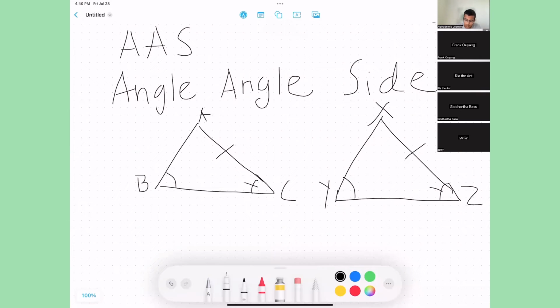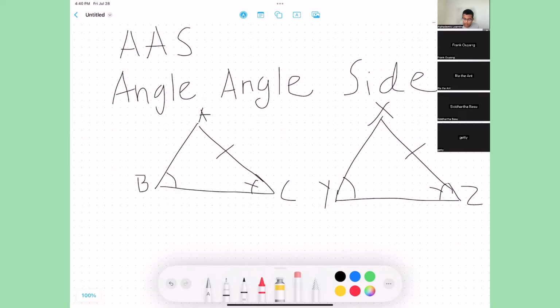If I said that line AC is equal to line XZ, then that would work, because the side is opposite to a corresponding equal angle, so the congruence would hold.